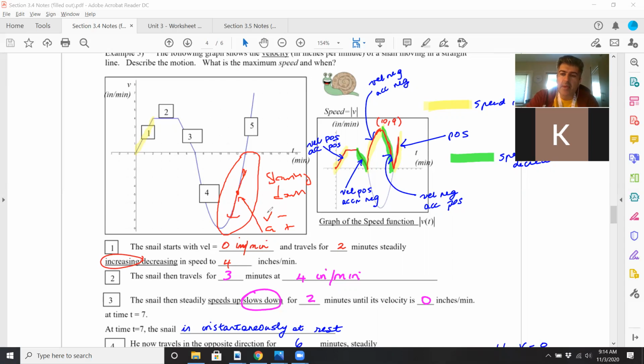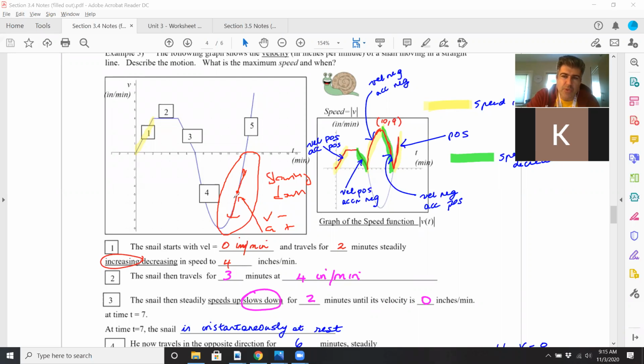Think of it this way. It's kind of like when you're hitting the brakes on your car, right? You're still moving forward, but you're decelerating, so you're slowing down. Now, this gets a little weird. You're going in the opposite direction and you're accelerating, but because velocity and acceleration are opposite in sign, it's actually slowing down. But yes, acceleration is positive because formally acceleration is the derivative of velocity and you have a positive tangent line.